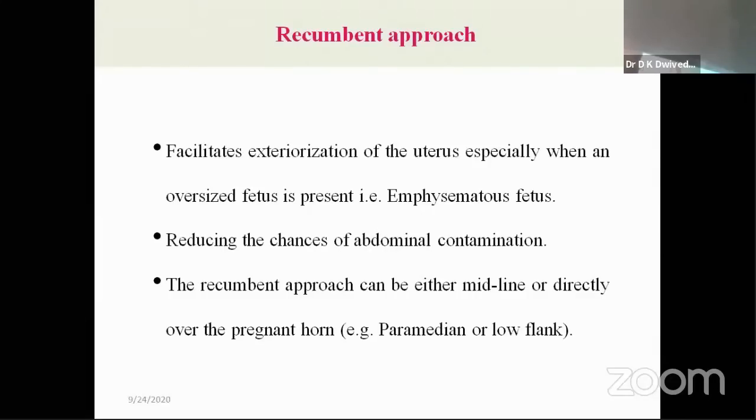The recumbent approach can be either midline, directly over the pregnant horn, or paramedian.